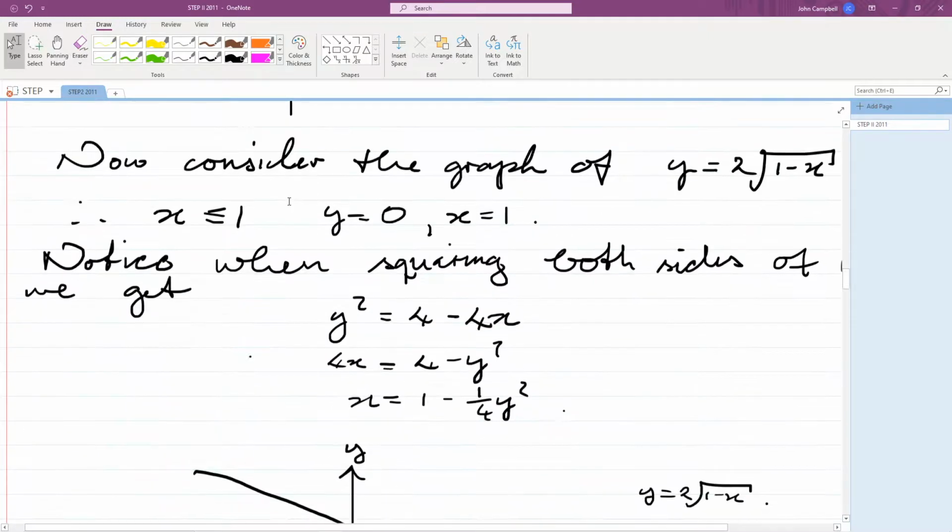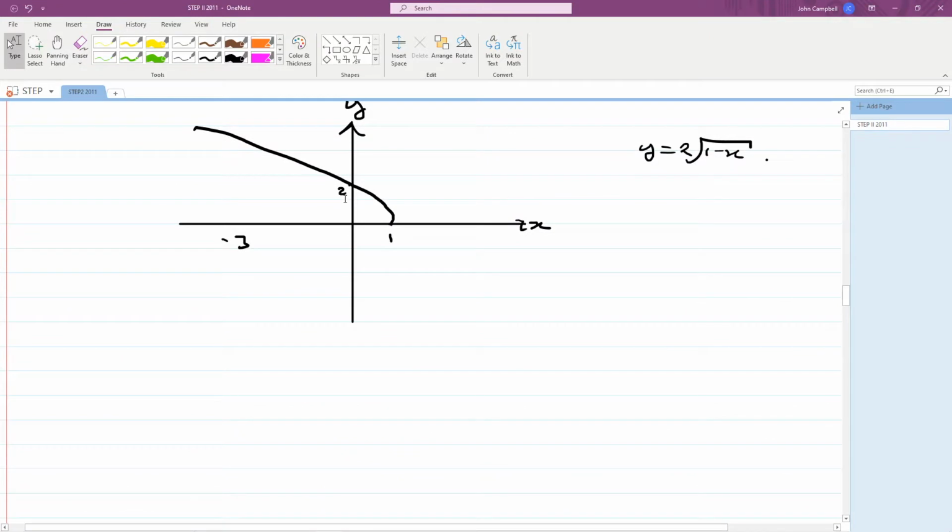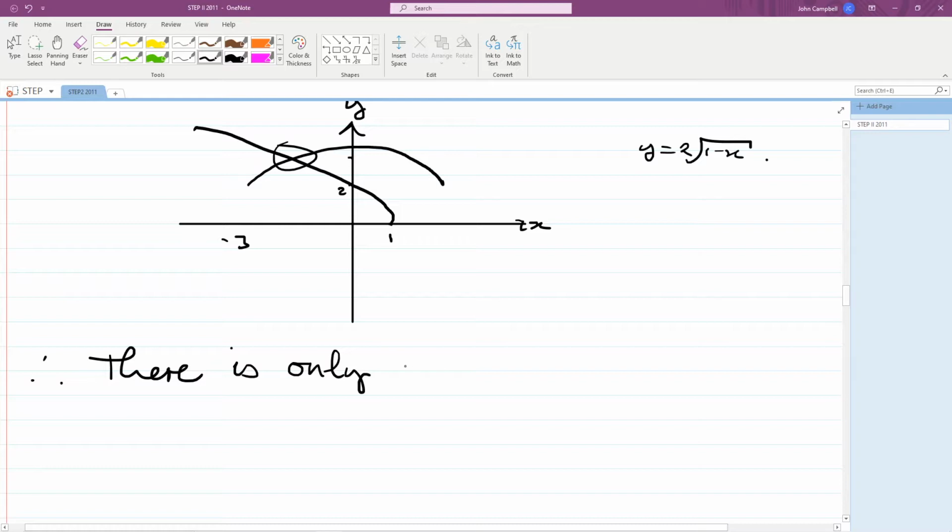And 2 is obviously larger than √3. √3 is between 1 and 2, but if you multiply that number by 2, 2√3 will be bigger. So the intersection here will come down, something like this. What we get is, you can see immediately that there's this one solution here. Therefore, there is only one real solution anyway.